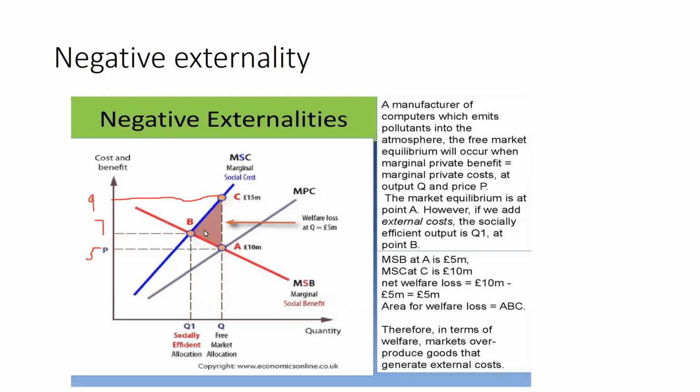The deadweight loss occurs because we're overallocating. The free market is producing, say, more cigarettes than what is socially efficient, allocatively efficient, or socially optimal, which is at B. So in a negative externality, you're overallocated.